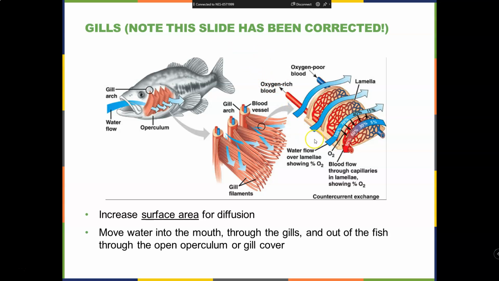That is called countercurrent, because the water is going in one direction, giving up something it's carrying, and the blood is running in the other direction, picking up what it's picking up from the water and giving up what it's giving up to the water. The idea is that the water has a low CO2 pressure and a high O2 pressure, and the blood coming in here has a high CO2 pressure and a low O2 pressure, and so we exchange both of those gases very effectively. All right.